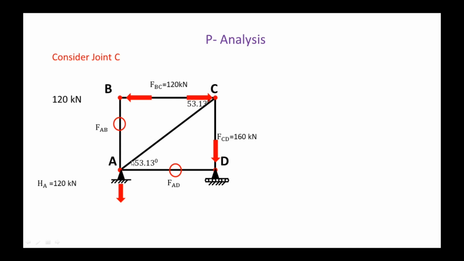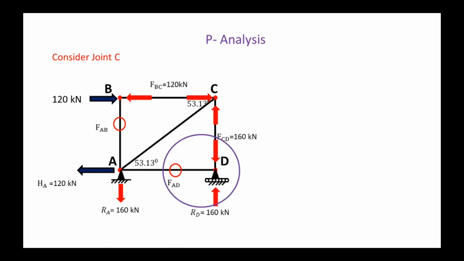Now last remaining is the member AC. So now here, joint C, FAC. Here we can apply the sigma Fy condition or the sigma Fx condition because we know FBC and we also know FCD. So here apply the sigma Fx condition, and we are assuming the direction is away from the joint.